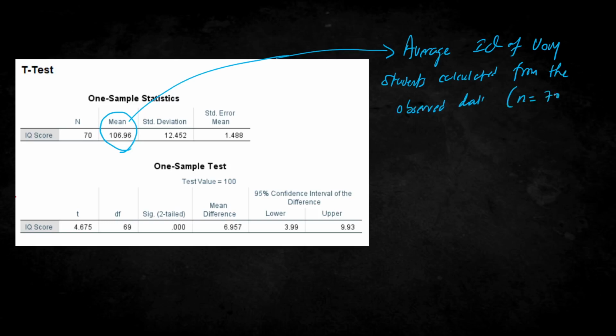That is a sample of 70. So that's what we know, and we represent it by X bar. We use a different symbol. We don't use mu. We use X bar. So X bar IQ is equal to 106.96. So this is our sample mean value, what we refer to as our estimated average, our estimated mean.